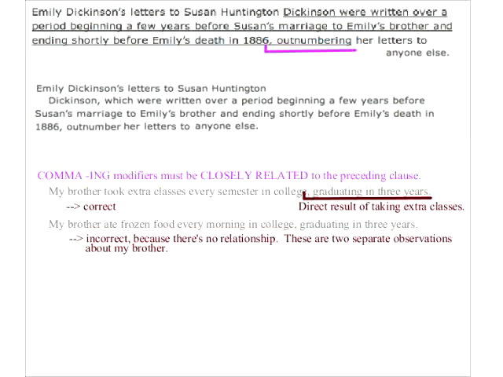The clause shows the period of time over which the letters were written. There's no direct relationship to these letters versus any other letters.